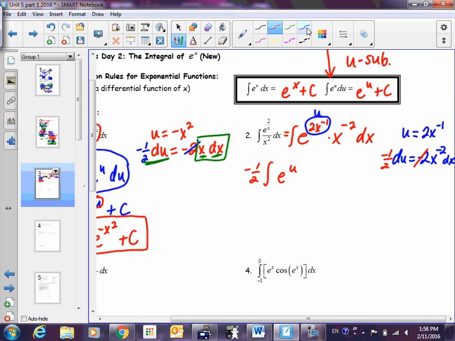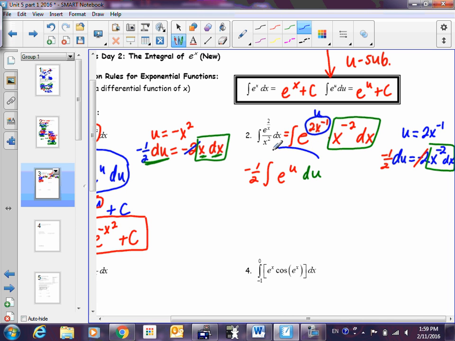What I'm hoping is that what's over here in my du statement is exactly what's in the problem. And it is. Isn't that great? Because if they're not the same, it's a much more difficult problem. Do not worry about that, but I want you to anticipate that these things are going to match. And you replace these two things with a negative 1/2, which we already wrote, and a du.